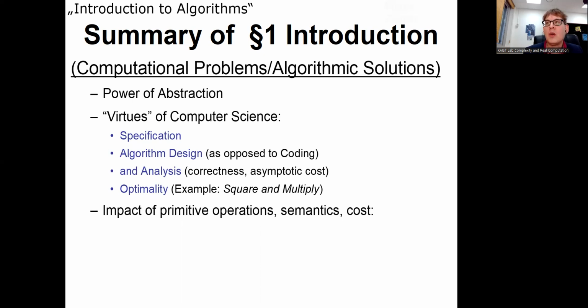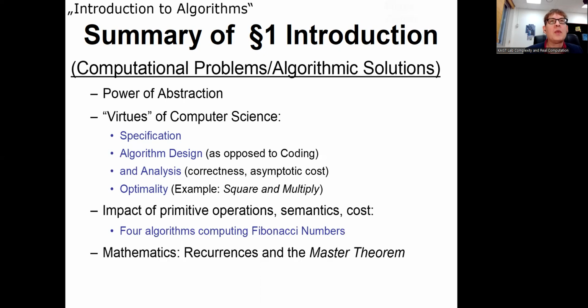Does every operation have the same cost, the same running time or memory, or do they have different costs? That all affects the overall performance of your algorithm and must be reflected in its theoretical analysis as a prediction of its later practical performance. So we'll illustrate that with 4 algorithms computing Fibonacci numbers.